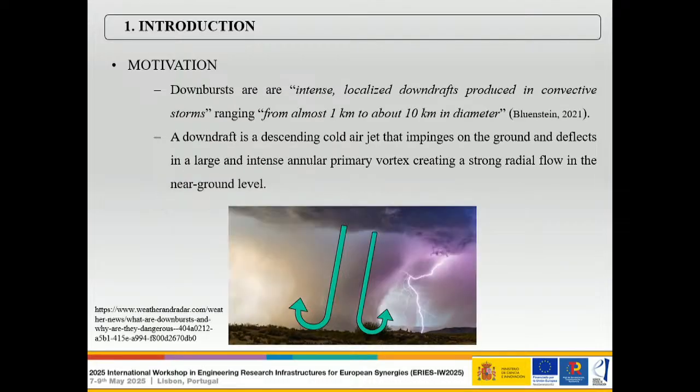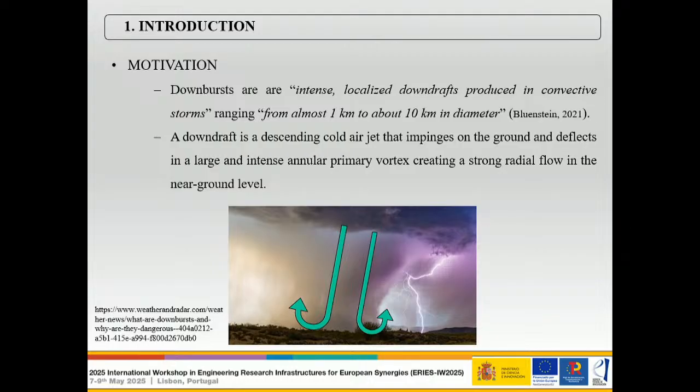recommendations. So obviously, after Girma's presentation and also Federico's presentation, what can I say about the downburst? So just the definition: intense, localized downdrafts produced by convective storms. And what I think is important for this application is the size range between 1 kilometer up to 10 kilometers in diameter.